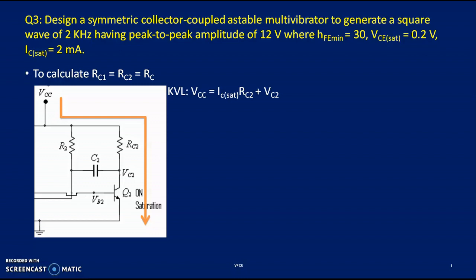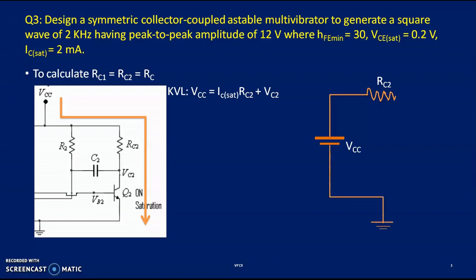Let us see how. First we start at VCC, and the VCC positive terminal is connected to RC2. The VCC negative terminal obviously has to connect to ground. Generally we don't represent that negative terminal. Whenever you represent this power supply VCC, generally we write plus VCC, which means the other terminal, minus, is connected to ground.